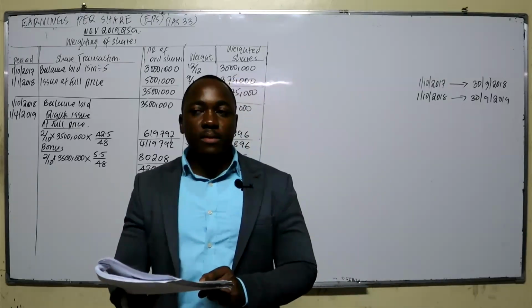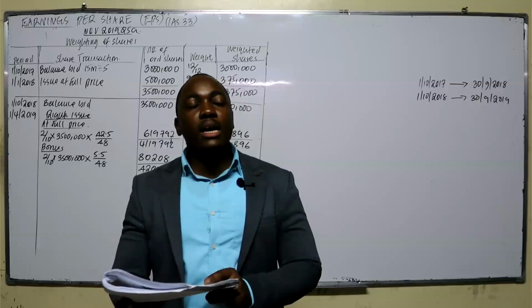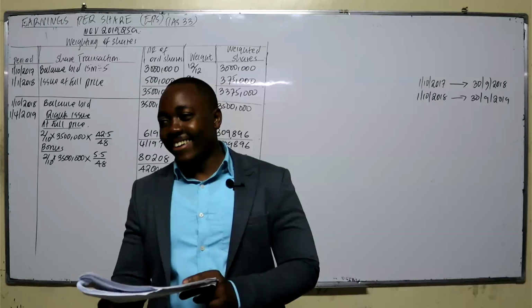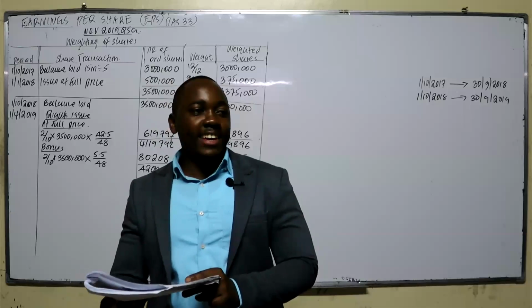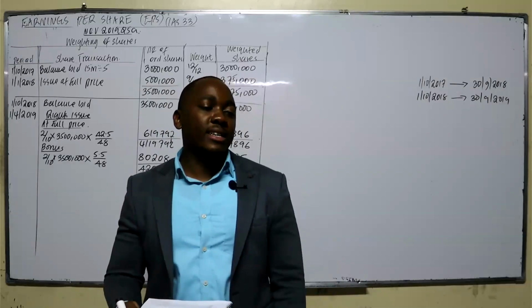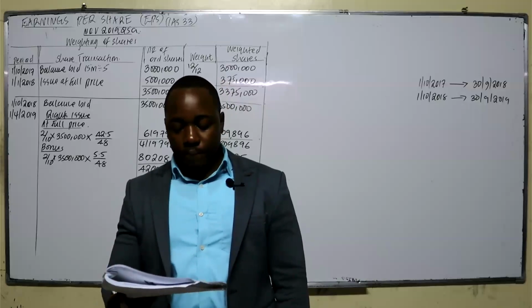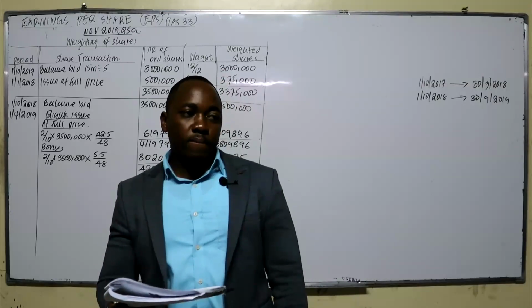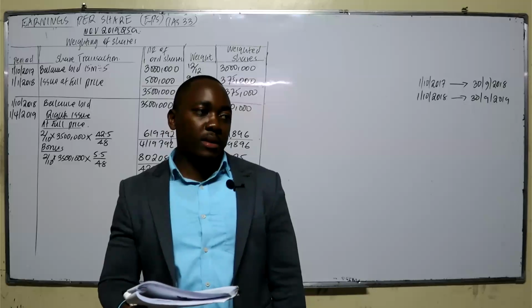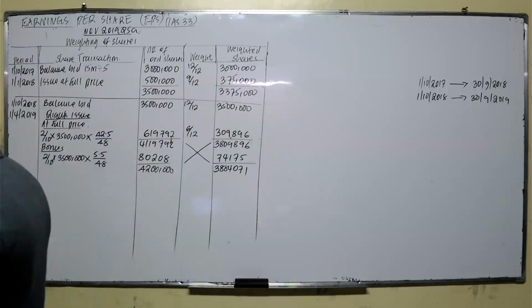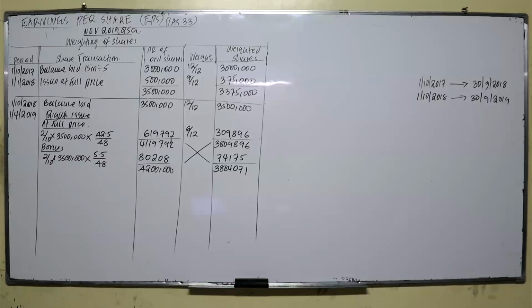Each at 100. Then you multiply by 6%. What do you get? You get 6 million.